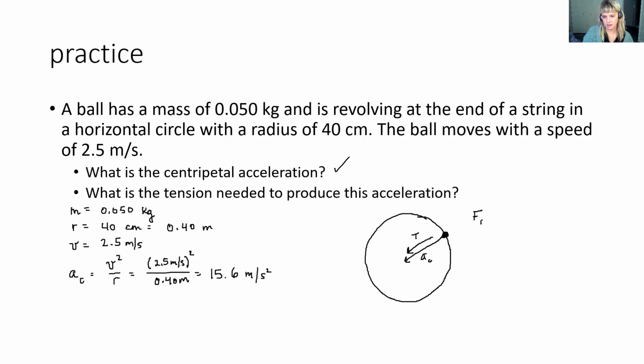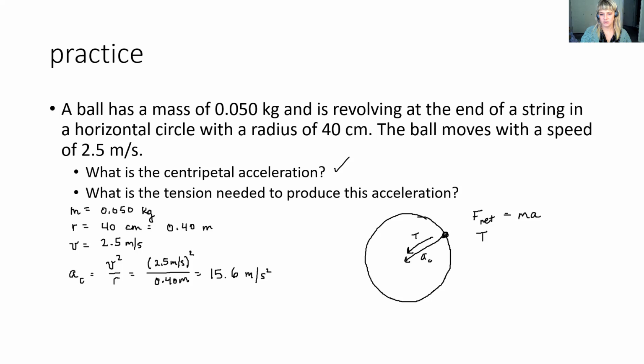Finally, the second law, F net equals ma. The forces that are acting radially in the circle are the tension force. Obviously, gravity would also be acting on the ball, but it's acting downward, right? If I'm looking at a top-down view, gravity would be pointing down on the ball, kind of like into the board.